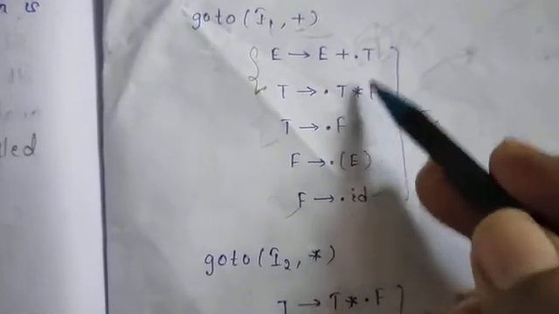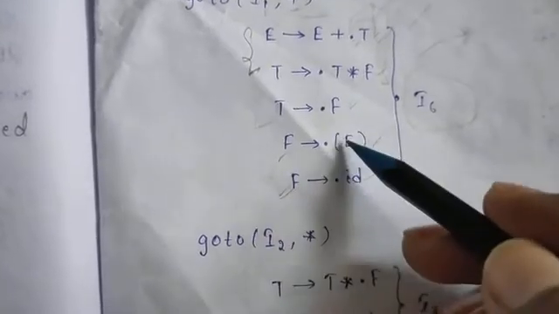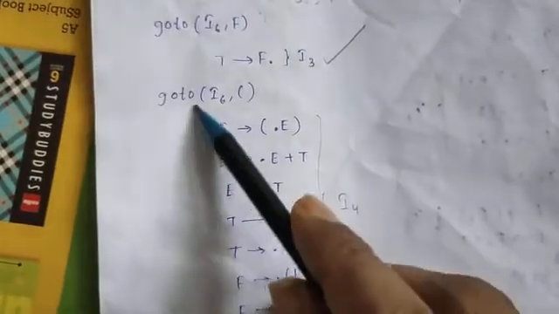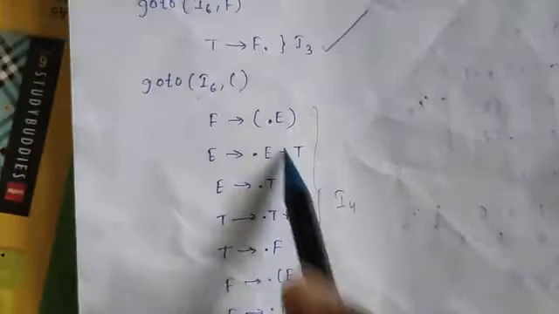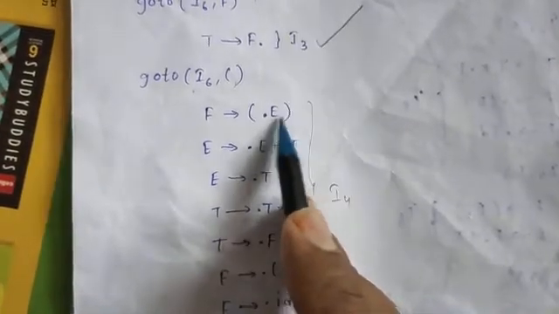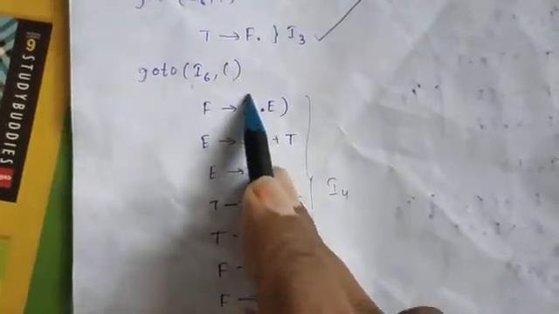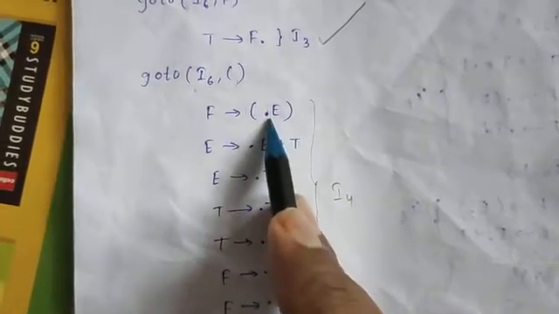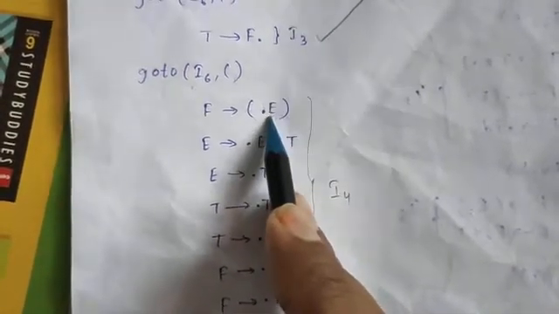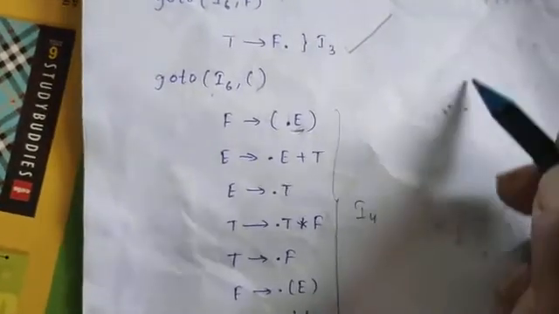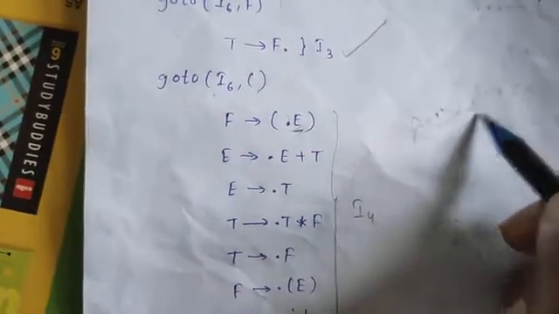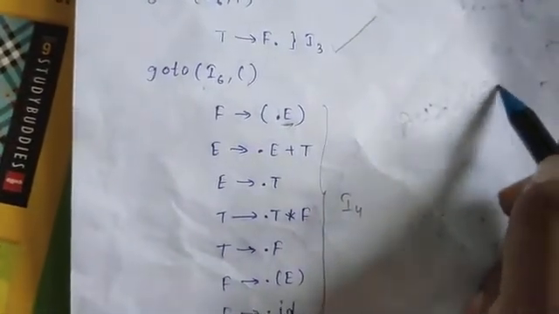Then after completion of these three things, we have two things: one is the open brace and the second one is id. Going with the open brace in I6, we get open brace dot E closed brace. Here the dot is moving on the open brace. After the dot, again a non-terminal will be there, so it will match A tends to alpha dot B beta.